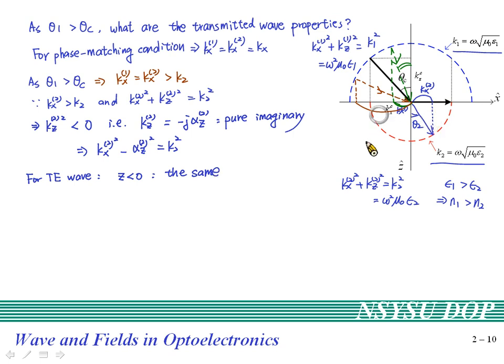However, in material 2, that is z larger than 0, the Ey field is now written as the amplitude E plus 2 times exponential minus alpha z2 z times exponential minus j kx x. And the Hy field is written in this way.